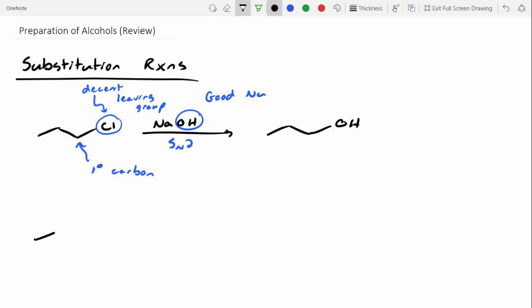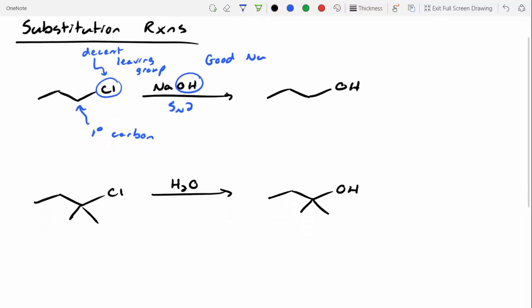Alternatively, we could have a reaction that's a little bit different. But this time I'm going to use water. And we can also use this to form an alcohol. What are some key things to look for with this reaction? We've got a weak nucleophile, we've got a fairly hindered backside, so what sort of mechanism will this be?